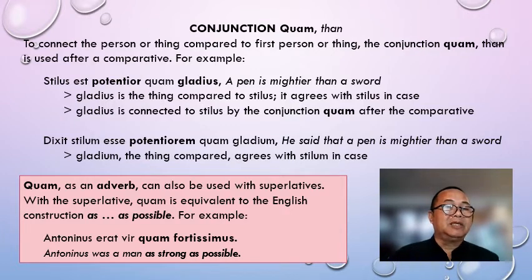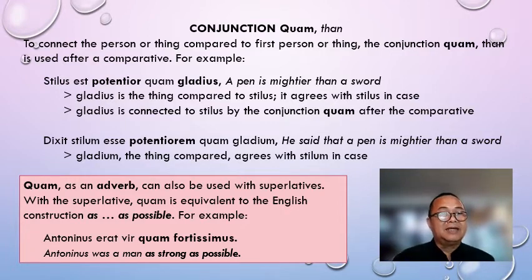It is nominative, potentior is nominative. Stilus is singular, potentior is singular. The thing compared, as we have said, gladius, that is the grammatical function of gladius, a thing compared, agrees with stilus in case only.